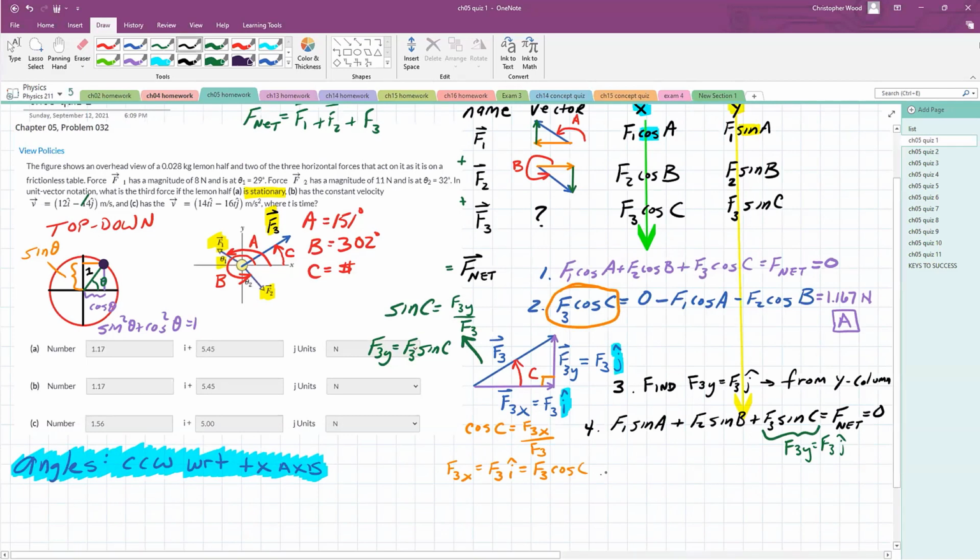Number 5, solve for F3 sine C, because F3 sine C is the Y component. And let's do that.